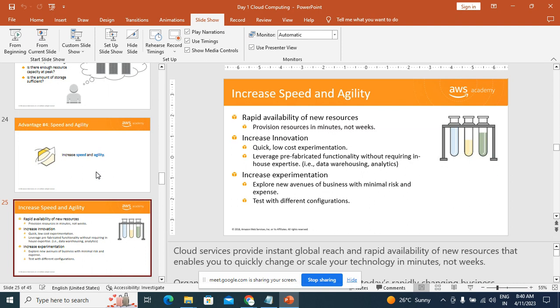Because you need to make a purchase, provide infrastructure in your location, bring this infrastructure in, do the networking part, install sufficient software to run, and put some administrators, that is manpower, to look after it. All this needs to be done when you are maintaining on premise.